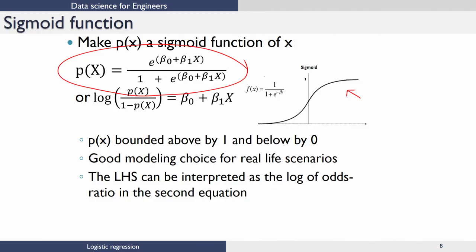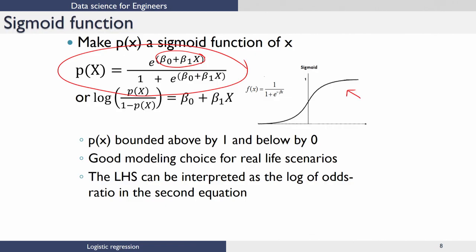I want you to notice two things. Number one is that we are still trying to stick this hyperplane equation into the probability expression, because that is a decision surface. Remember, intuitively we are trying to convert that hyperplane into a probability interpretation. That is the reason why we are still sticking to this beta naught plus beta 1 x. Now, let us look at this equation and then see what happens.